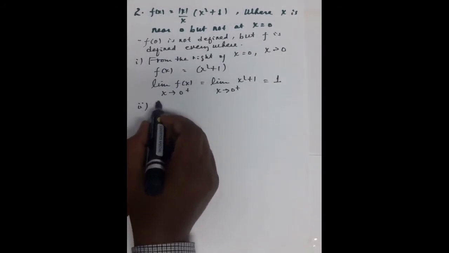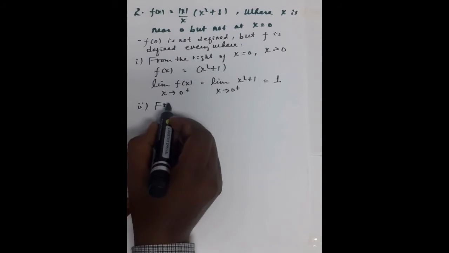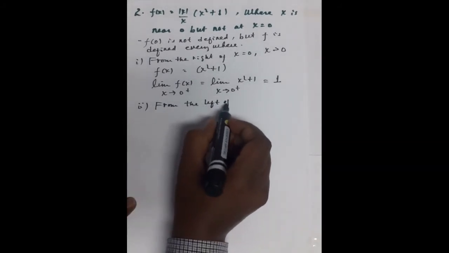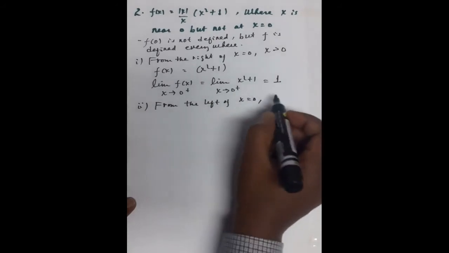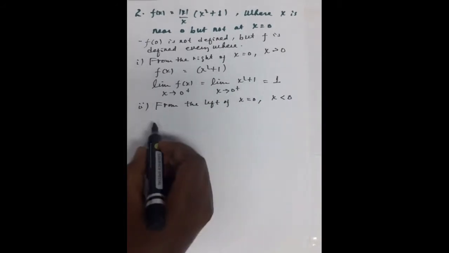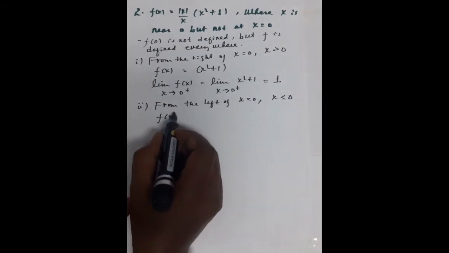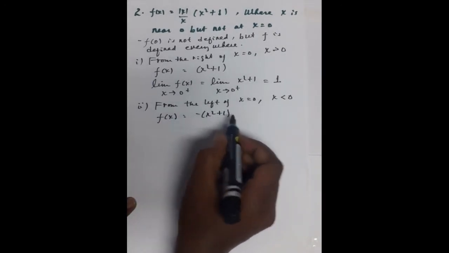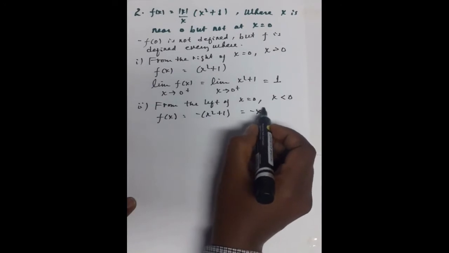When we approach from the left of x equals 0, which is x less than 0, the function f of x will be minus x squared plus 1, which is minus x squared minus 1.